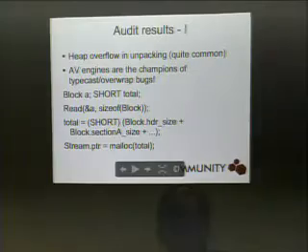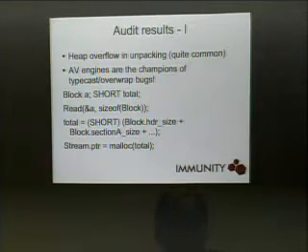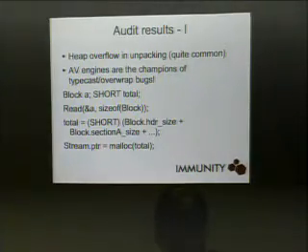We found a heap overflow in the unpacking of a certain file format, and also, after this assessment, we did a lot more research into AV, and AV engines seem to be the champions of typecast and wrap bugs. They usually limit the size to shorts when they're doing read operations and whatnot.